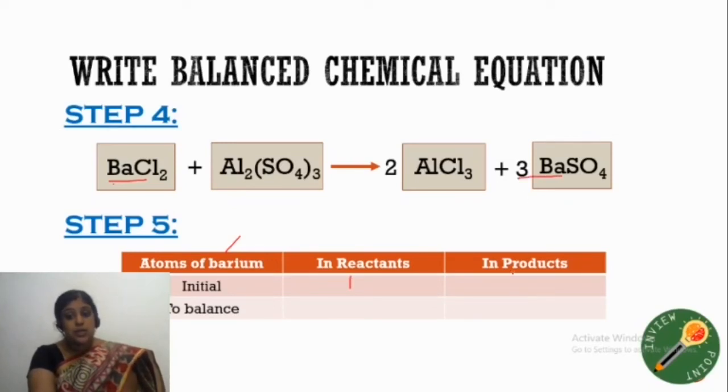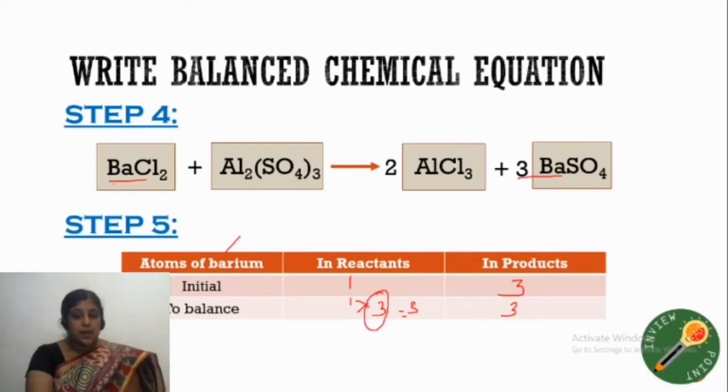So there are 3 barium atoms. So in order to make it equal, what do you have to do? Multiply the reactant side 1 with the value 3, right? So here the value becomes what? 3 now in the reactant side, and in the product side it is 3 itself.